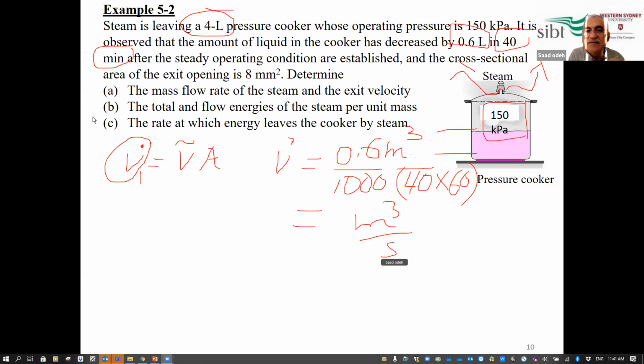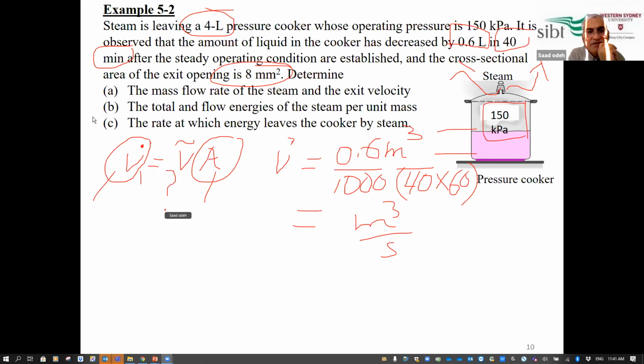Now if I have the volume flow rate, I can find the area. The area is also given here. The exit area is 8 millimeter square. Also, I have to change it to meter. So if I have the volume flow rate and the area, I can get the unknown, which is the velocity.